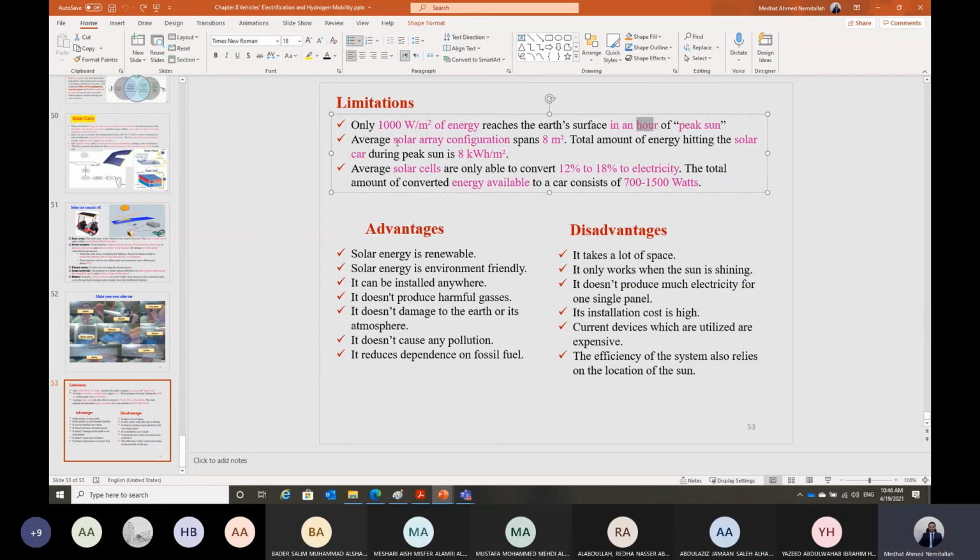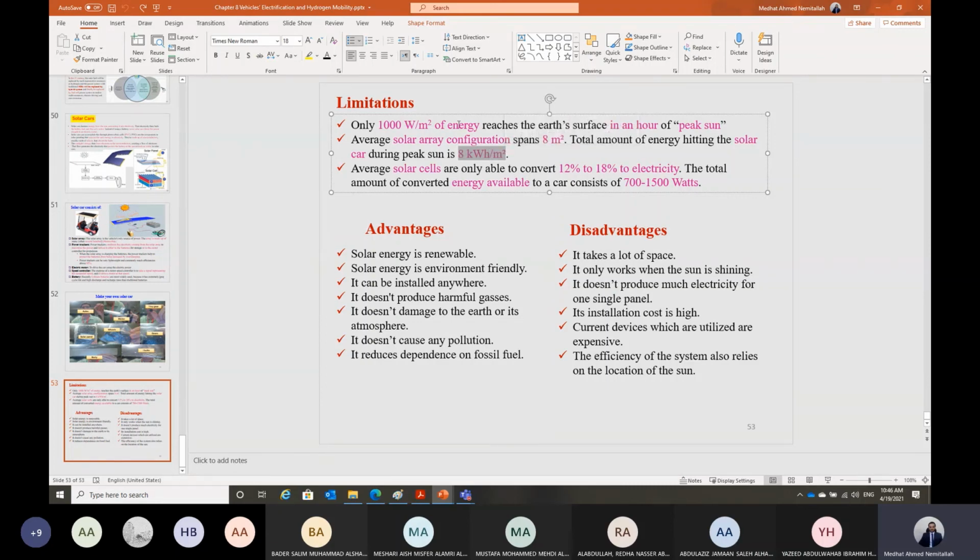But if we have a solar car, the surface of the car may be, let's say, 8 meter square, 2 meter by 4 meter, which is very long, but let's consider it 8 meter square. That means from the sun under the peak condition, we can get about 8 kilowatt hour.